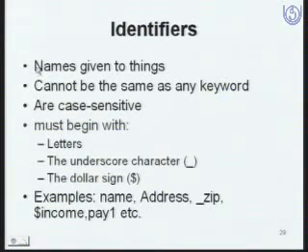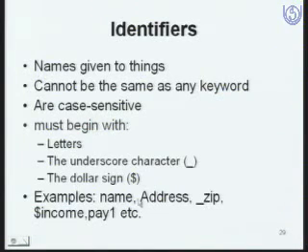You cannot use it here, but you can use all of them here. Like you can write N1 for defining your identifier, but you cannot write 1N because the first character cannot be a digit.